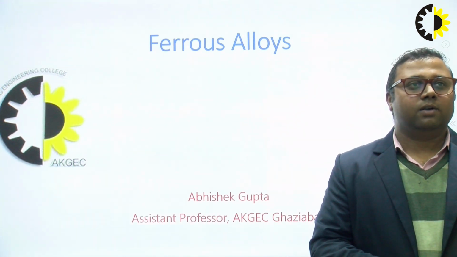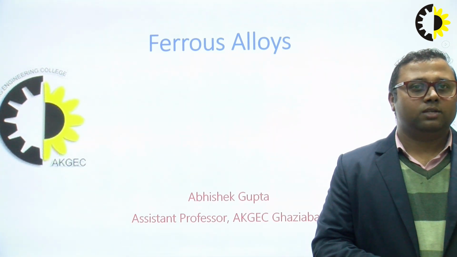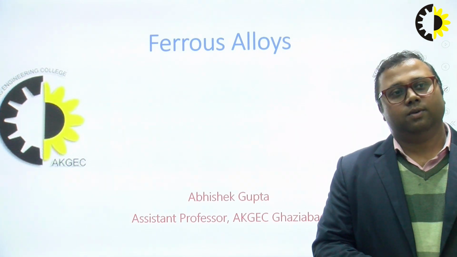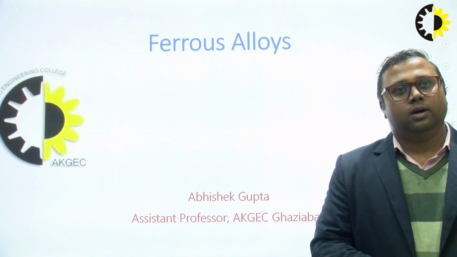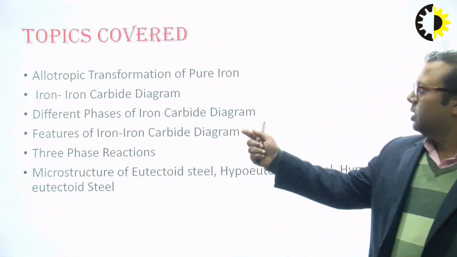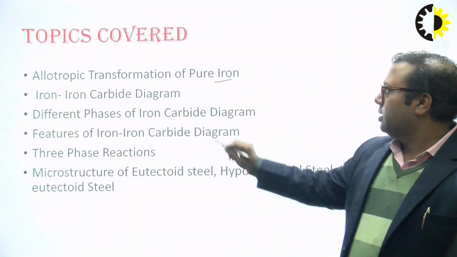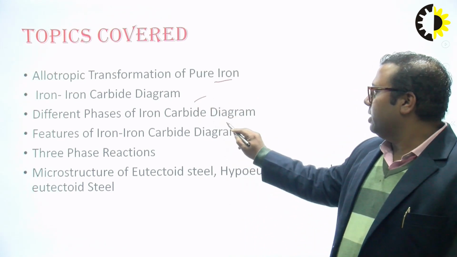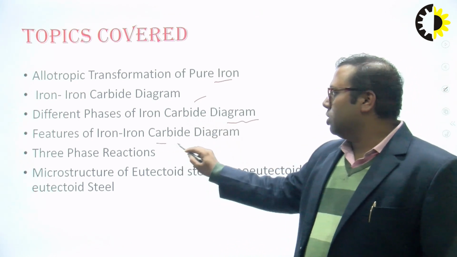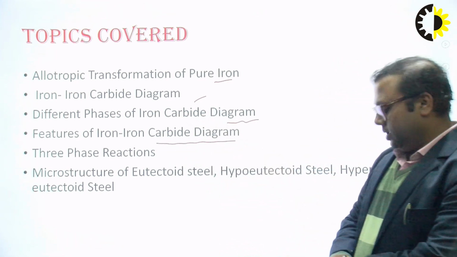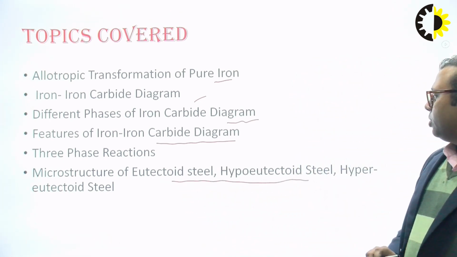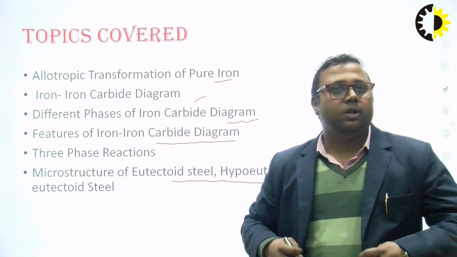Today I will cover one of the complex topics on ferrous alloys of material science subject. This topic covers various topics like allotropic transformation of pure iron, iron carbon diagram, different phases of iron carbon diagram, iron and iron carbide diagram, features of iron and iron carbide diagram, three-phase reactions, and the microstructures of eutectoid steels, hypoeutectoid steels, and the hypereutectoid steels.